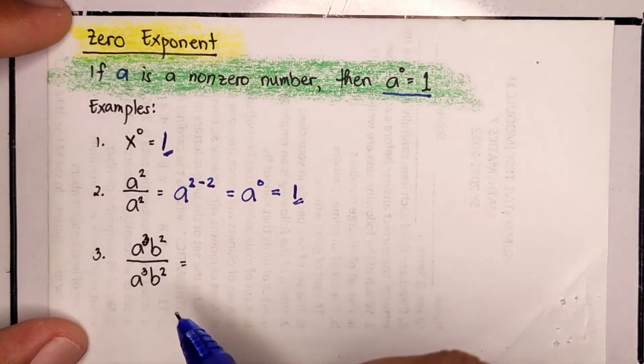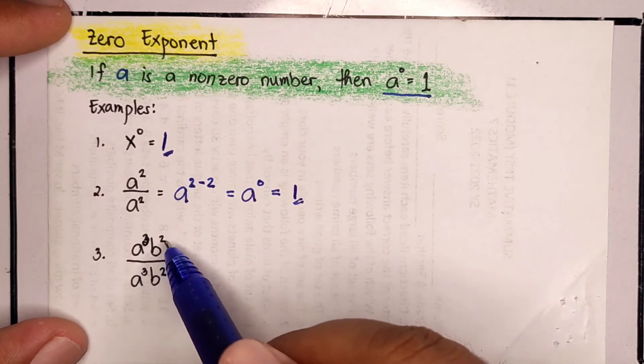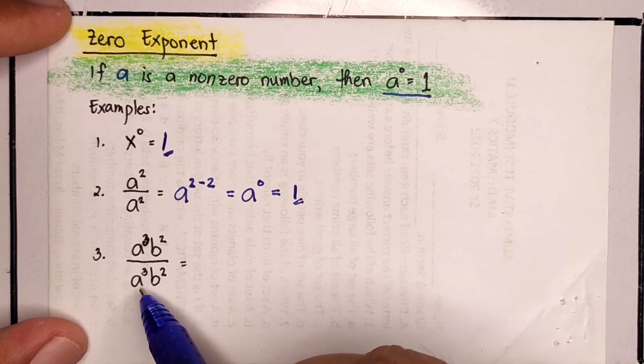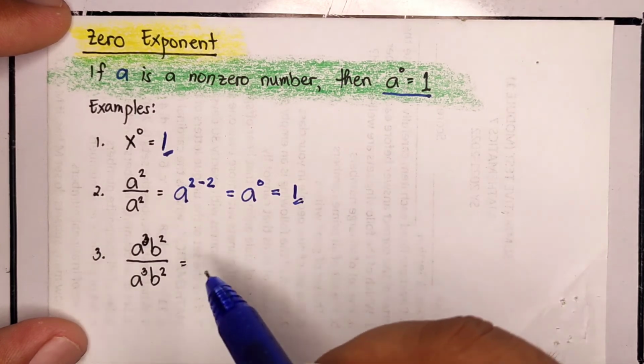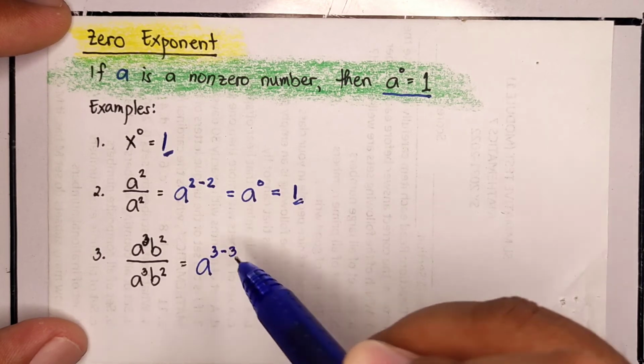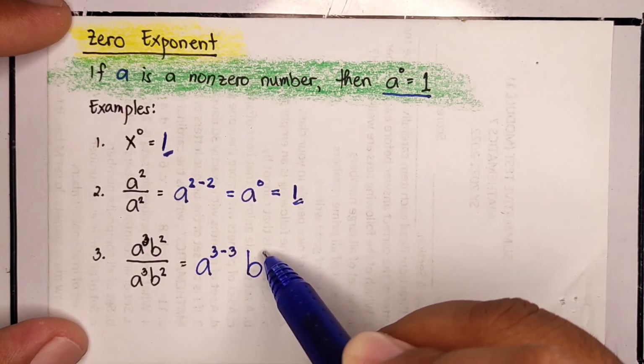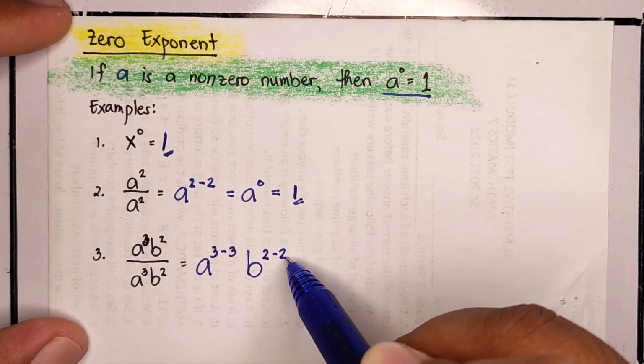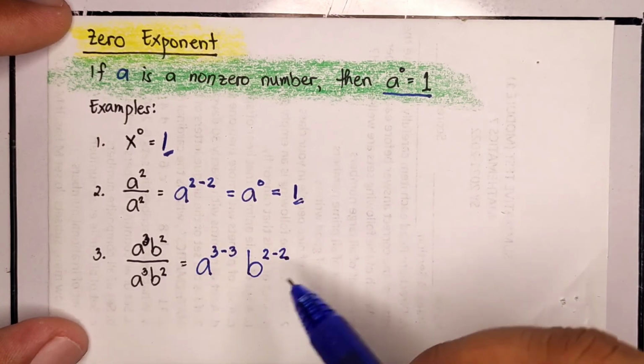Then we have here another example, a cubed b squared, all over a cubed b squared. Ibig sabihin, a 3 minus 3 and b 2 minus 2. Ayan, yung mga exponents nila.